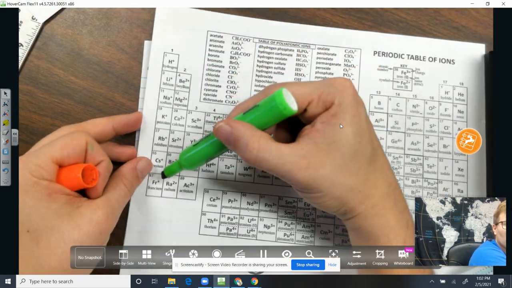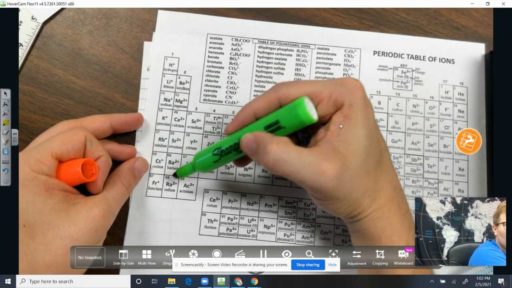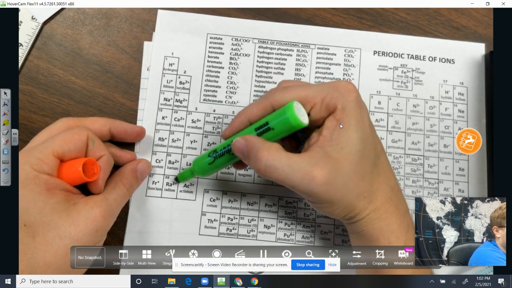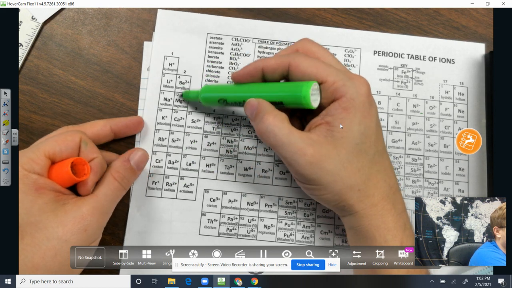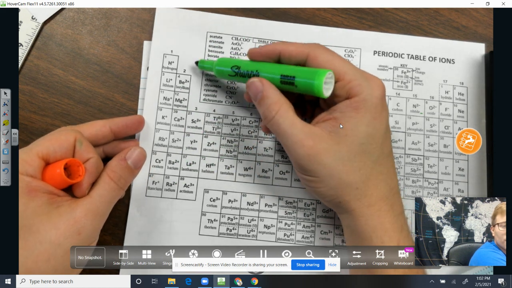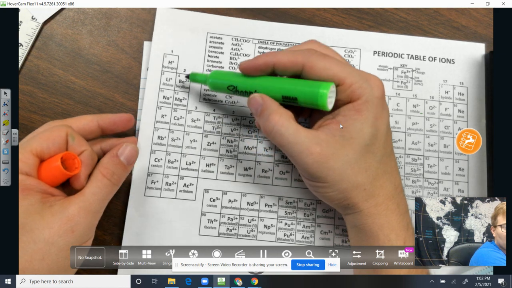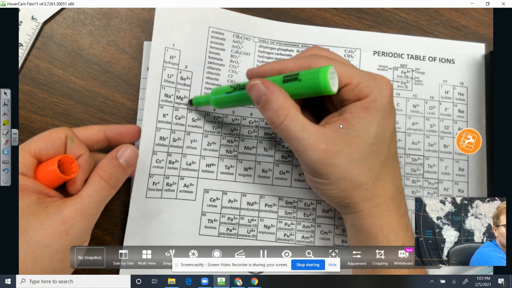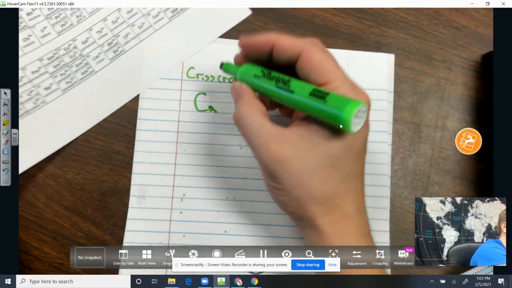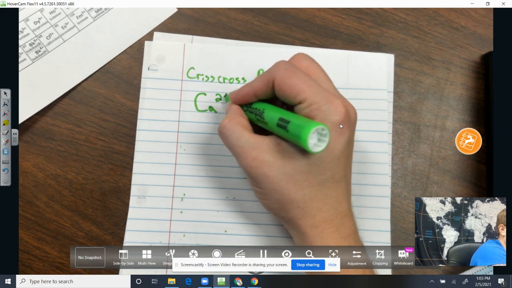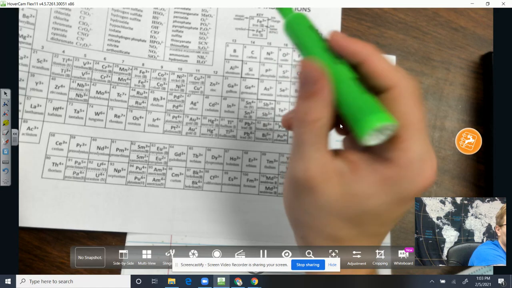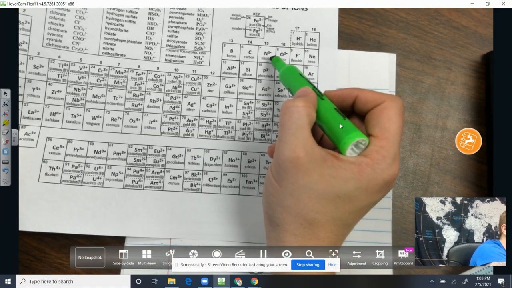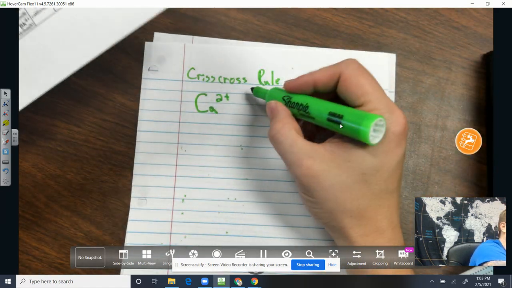All of the second group elements, which are called the alkaline earth metals, all of these have 2 valence electrons. They'll all be 2 plus, so they all react very similarly. So I know Ca is 2 plus. I know without drawing any of those valence electrons. I know that N is 3 minus.